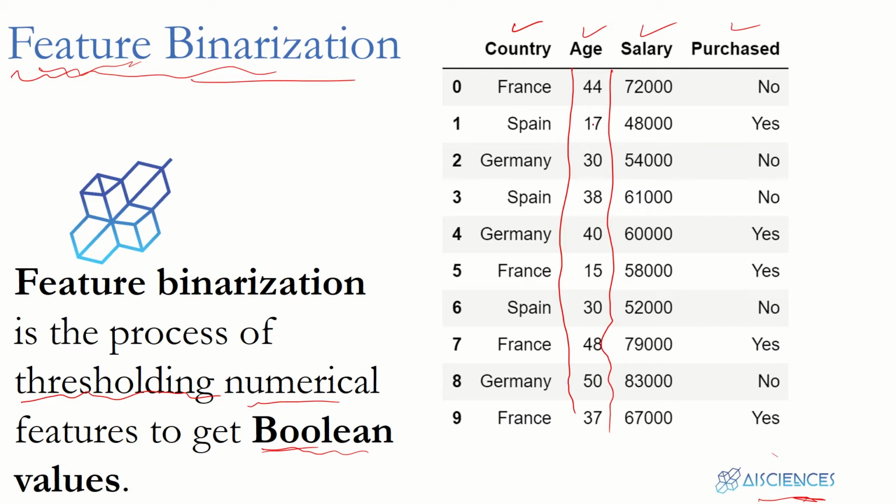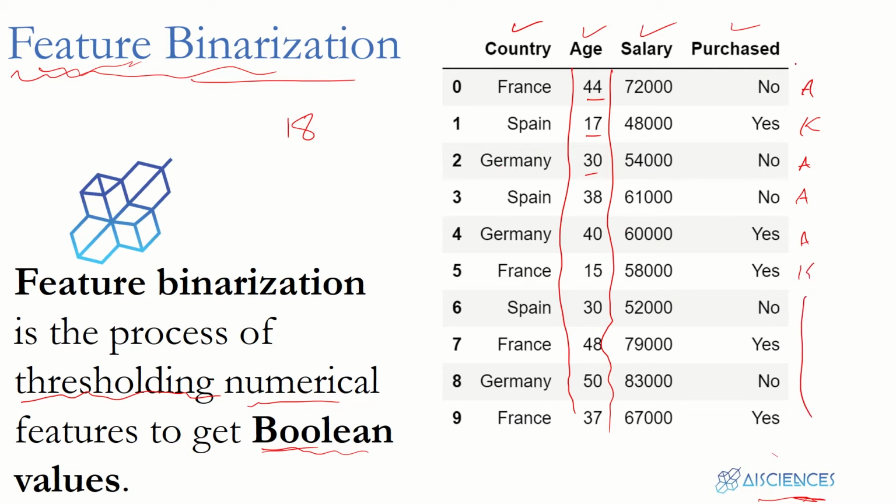Now let's say you're training a model that requires a column in a Boolean format. Let's say the age column. It doesn't require ages in a numerical format. It actually requires ages in a Boolean format such that anyone above age, let's say 18, should be called an adult, and anyone below 18 should be called, let's say, a kid. So this is adult, this is also adult, this will be kid, and so on, right?